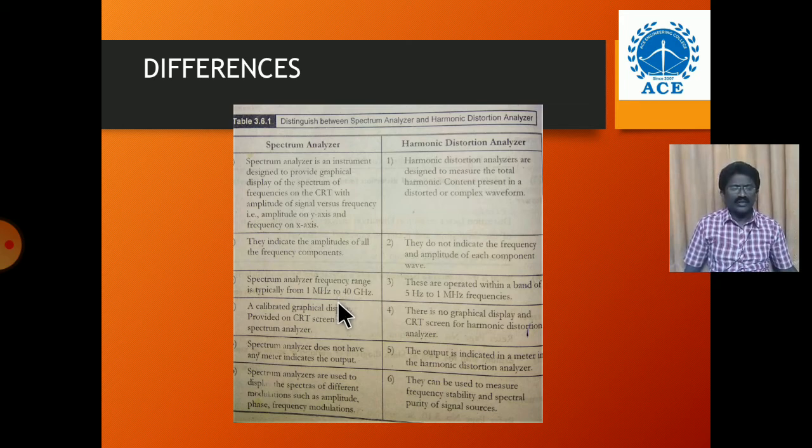So whereas in harmonic distortion, this can be operated within a band of 5 Hz to 1 megahertz.